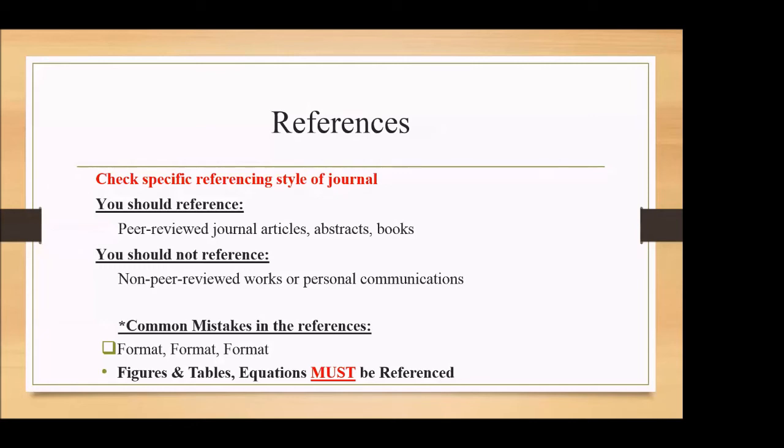Figures, tables, and equations must be referenced. If you used a figure or a table from someone's research, you must cite it. As an exercise for you, go and look for any article and look at the referencing style.